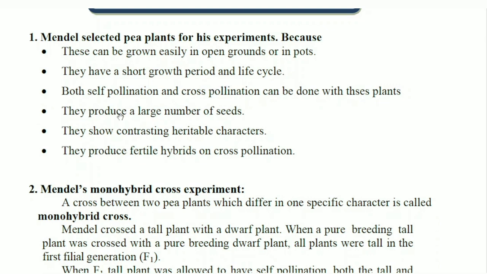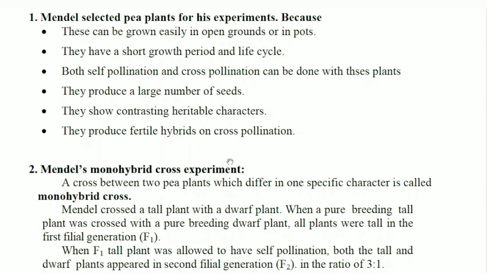Then self pollination and cross pollination, both will be there here, and they produce a large number of seeds, and it shows contrasting hereditary characters, and also produces fertile hybrids on cross pollination. Because of these reasons he has taken the pea plant.